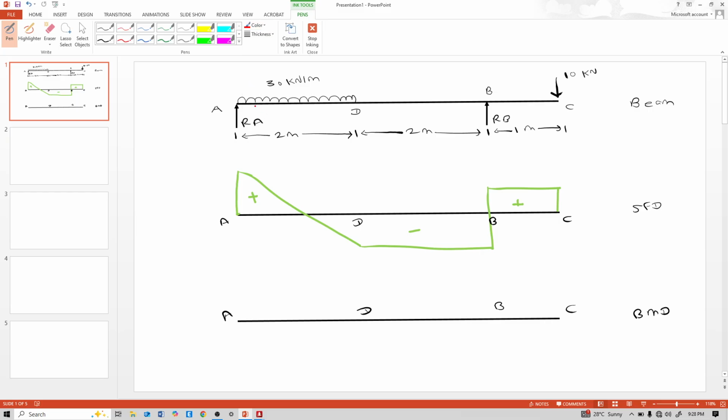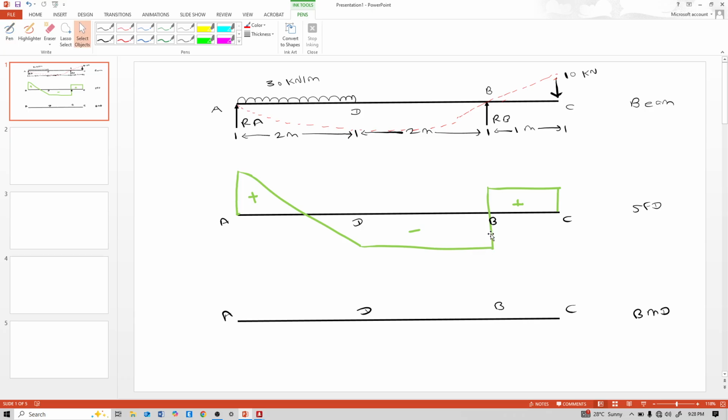See, the deflection of this beam is like this, at support like this.